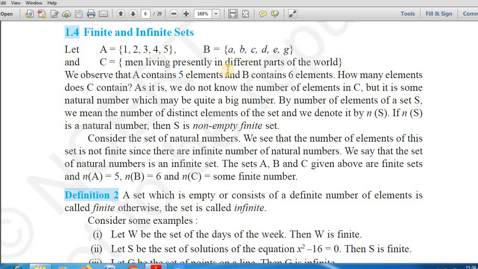Similarly, in the next set B, A, B, C, D, E, just a collection of a few alphabets, this is also a finite set because it has a finite number of elements. The number of elements of a set is written as n(S).